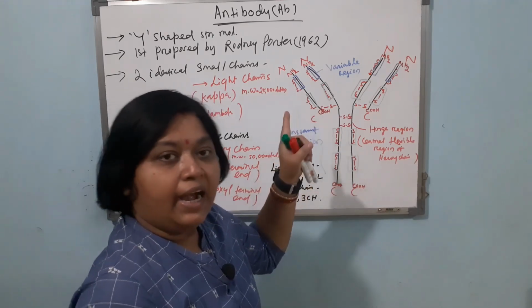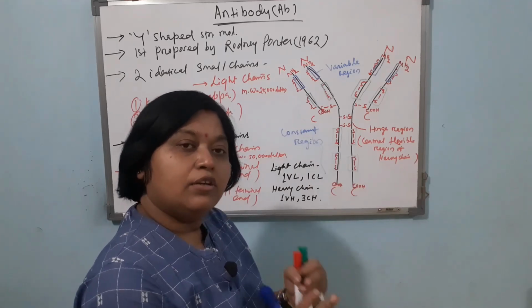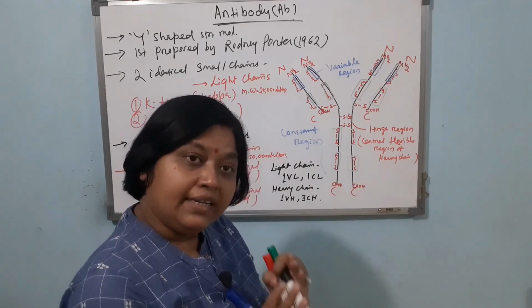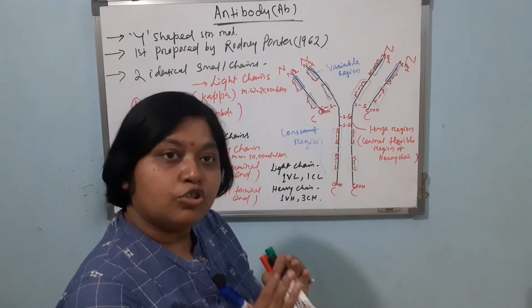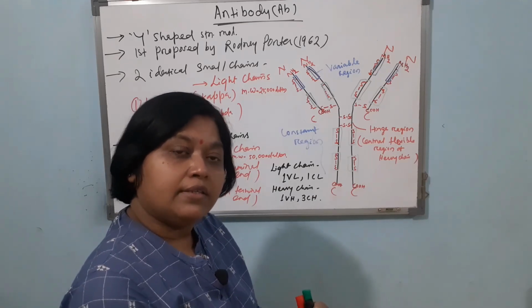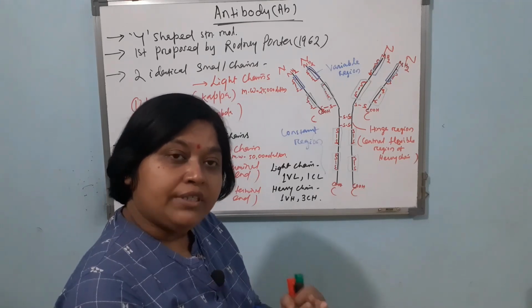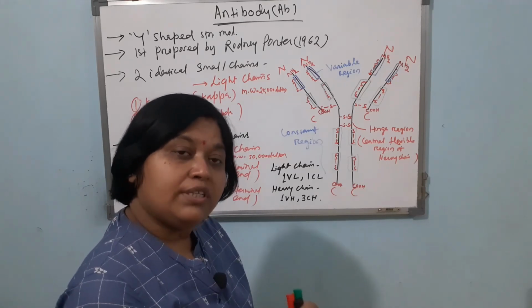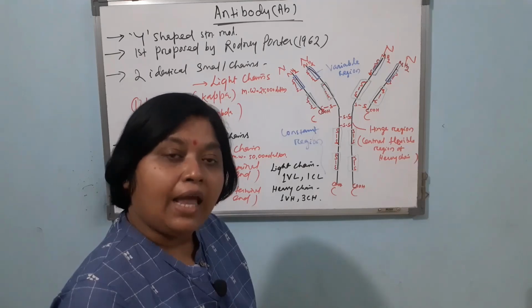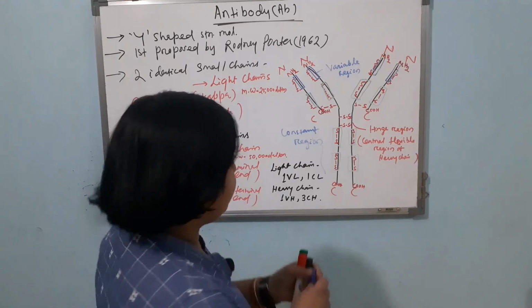Each heavy chain and light chain contains variable region, and in their variable region some part contains inconsistent amino acid sequence. Those region is known as hypervariable region.